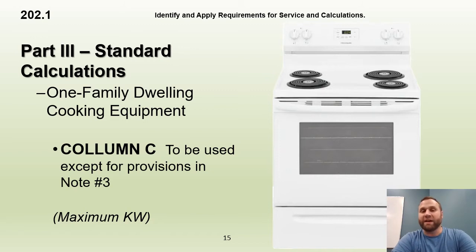Whereas column A and column B are percentages. They're percentages based on the number of ranges connected to the load. Column A and column B are not permissible to be used except for note number 3, which we'll get into here shortly, what note number 3 exactly means. But keep in mind, column C is a maximum kW rate.